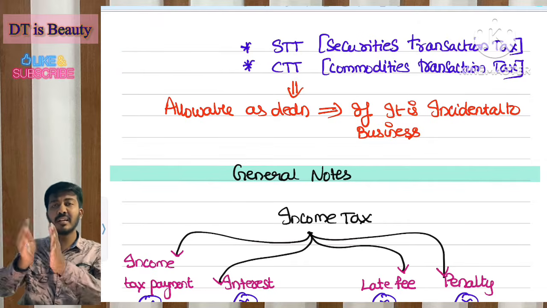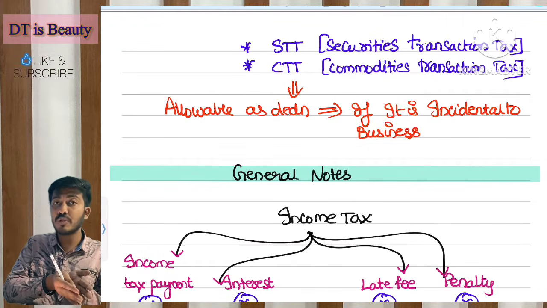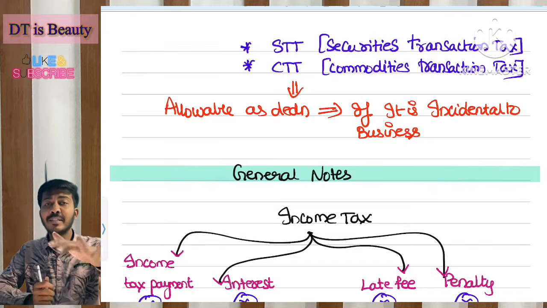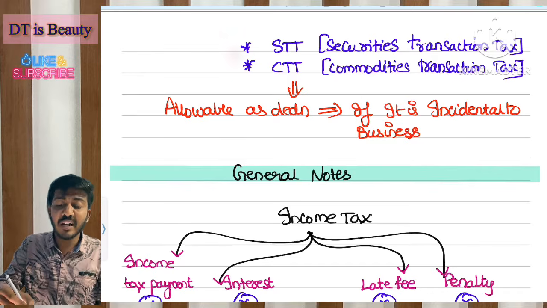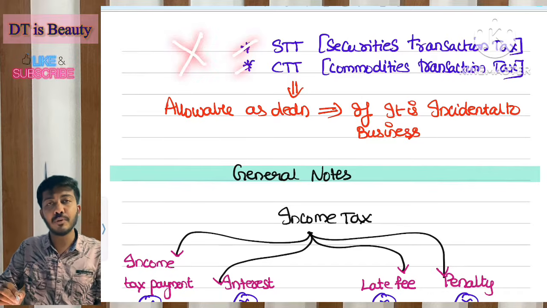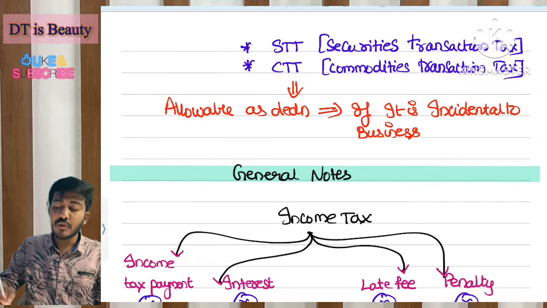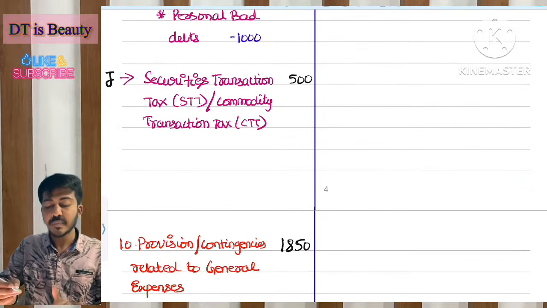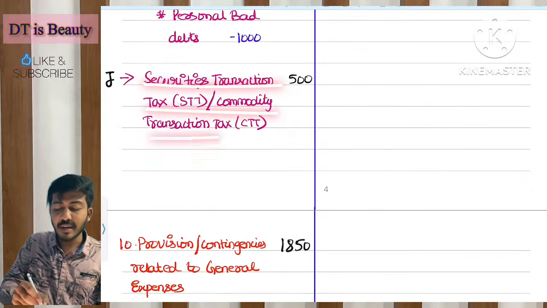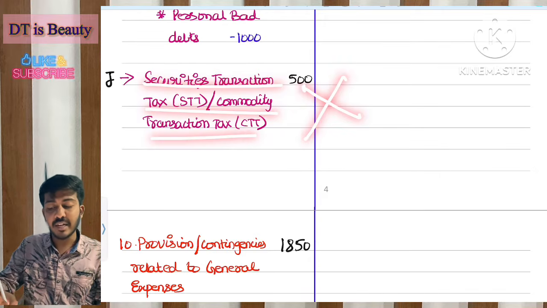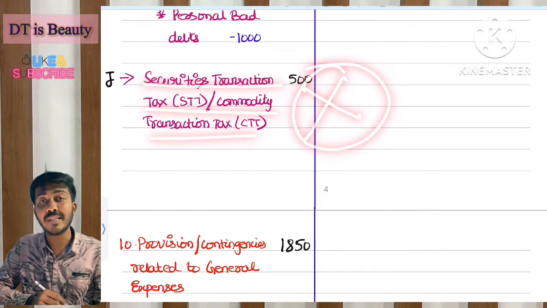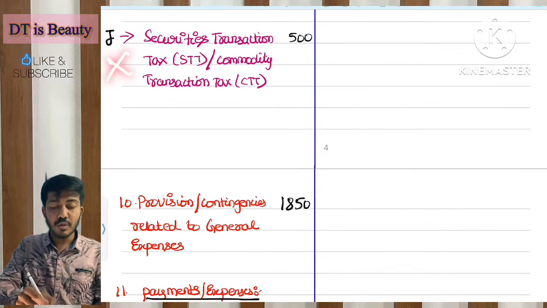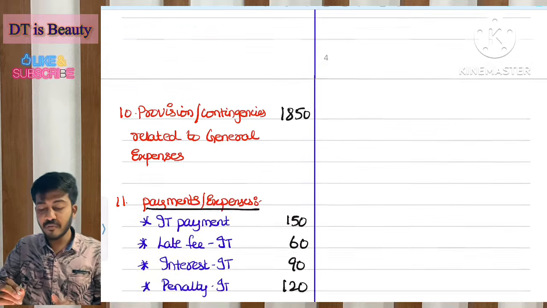If it is incidental to your business, in the given question, Sukumar is in the manufacturing of heart pillows business, which means it is not a share trading business. For him, if he does share trading, it is a tick. Simple. So it is allowed only if it is incidental to business. Let us go and see the question. Securities transaction tax and commodities transaction tax, it is never allowed because Sukumar is not in share trading business or commodities trading business. So you should add back to the net profit.